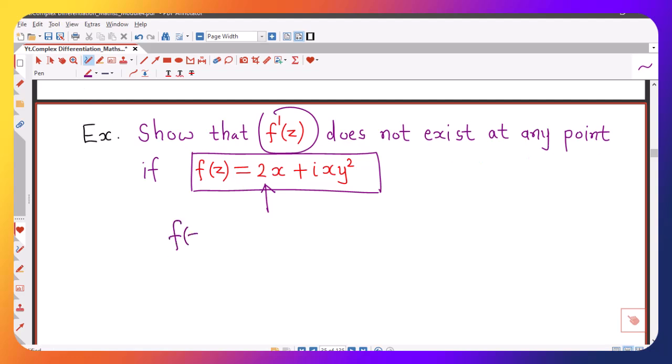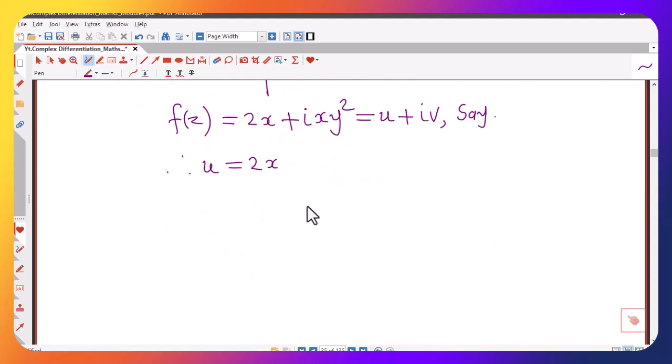So it is also given in the form u plus iv. So first we write down u and v by comparing this right hand side with u plus iv. So if we compare, we find that u is 2x and v equal to x into y square.